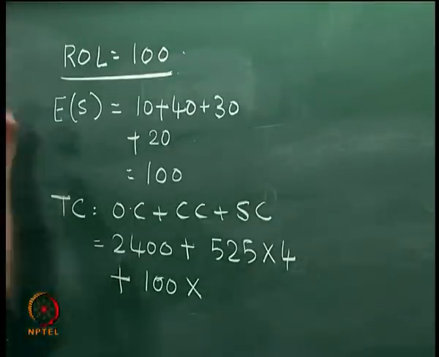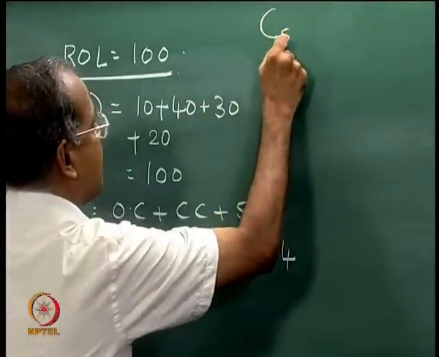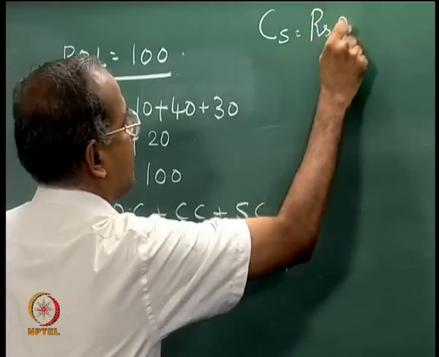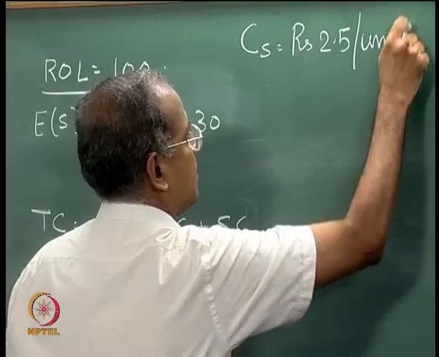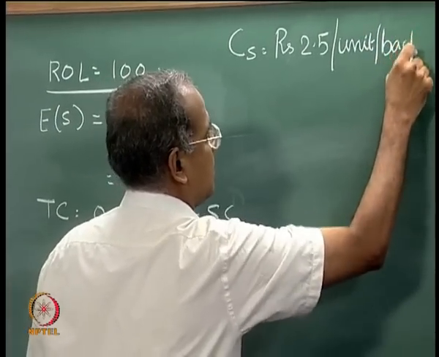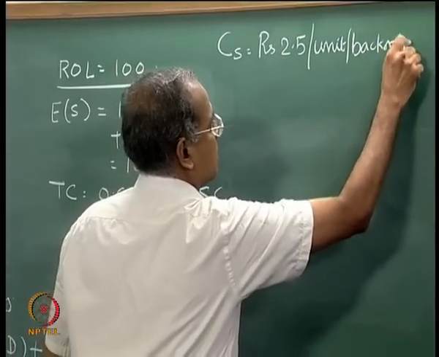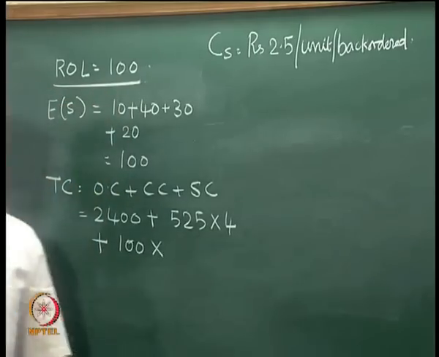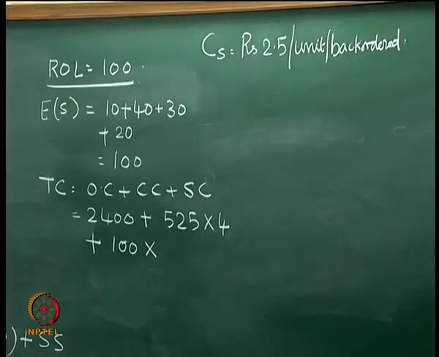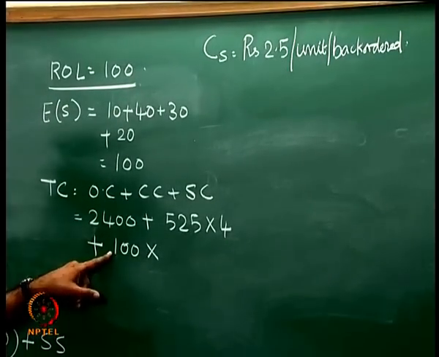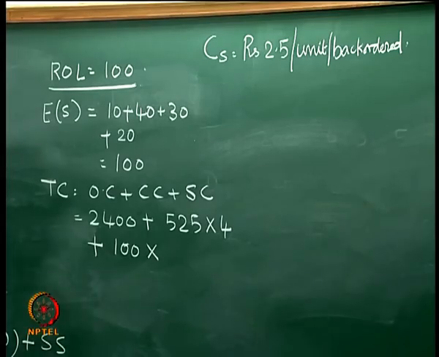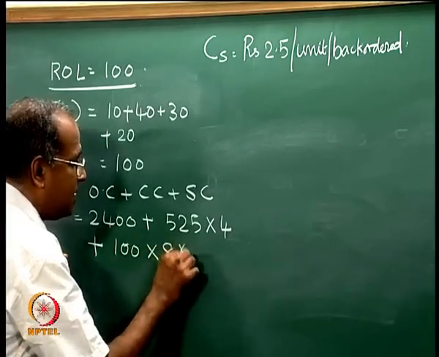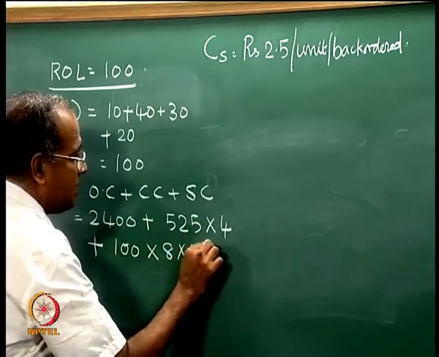So, CS is taken as 2.5 per unit back ordered. So, 100 is the expected shortage in a cycle. There are 8 expected cycles in a year. So, into 8 into per unit is 2.5.